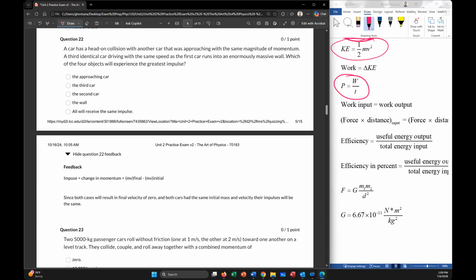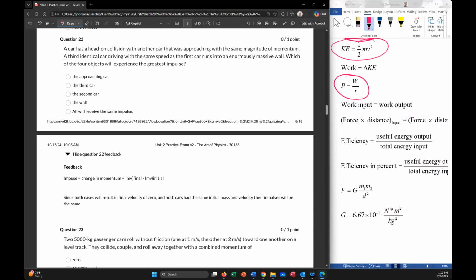That's a good question. I think the third car. Why the third car? It's going to hit a wall and stops almost immediately. You know, what is the momentum of all cars? Momentum of all the cars is mass times velocity, yes?